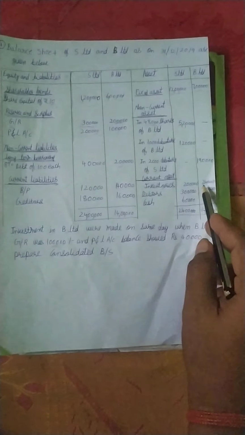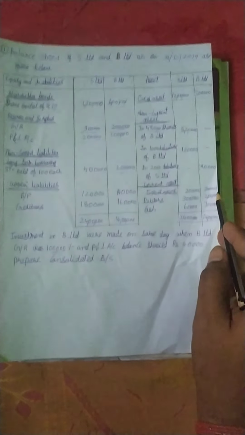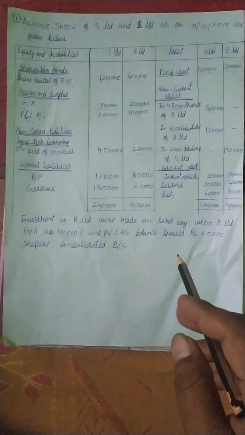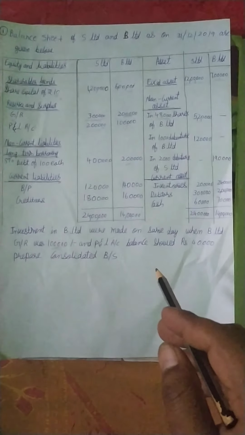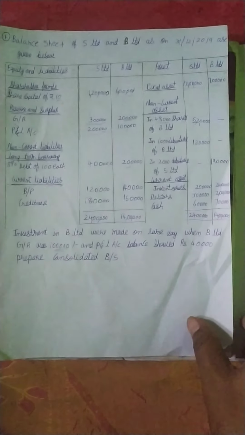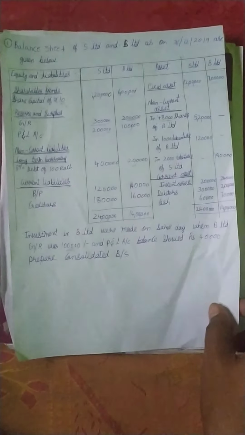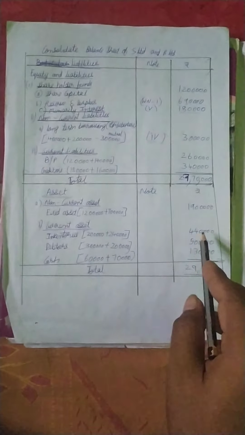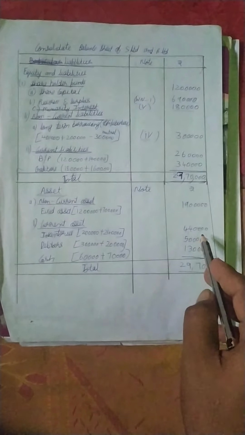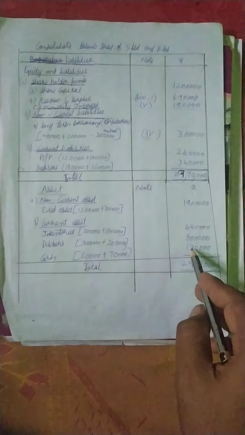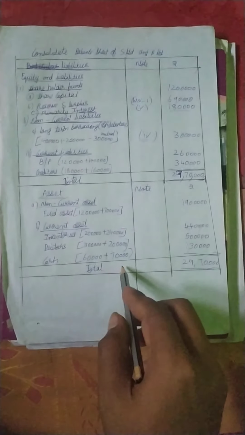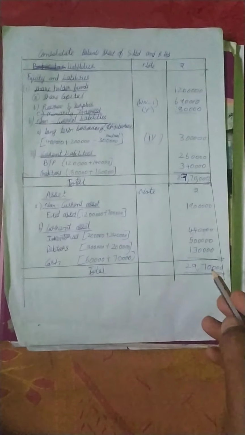You can see that here we will be adding up both S Company Limited and B Company Limited inventories and showing them in the S company books of account in the consolidated statement. Adding this up, 4 lakhs 40,000 and 5 lakhs and 1 lakh 30,000, it will be 29 lakhs 70,000.